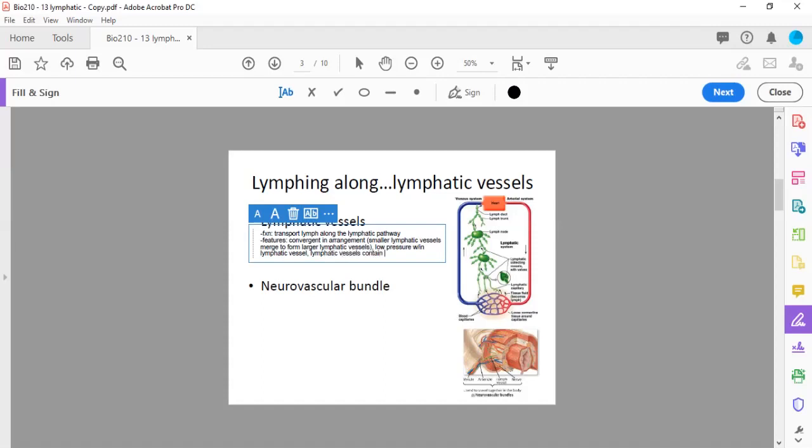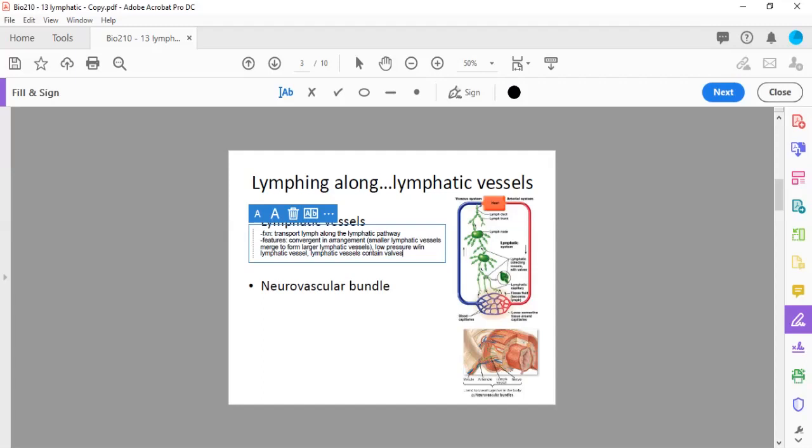to prevent backward flow. So keep in mind, for all vessels, whether lymphatic or blood vessels, the main objective is to move the volume in a unidirectional flow. That means in one direction. It can't go backward. So the valves are one of the main ways to prevent volume from going backward.